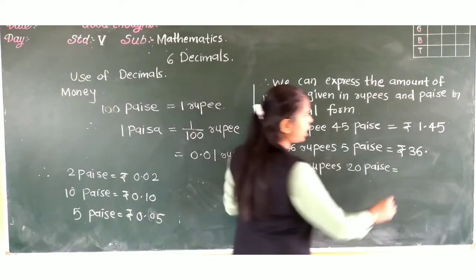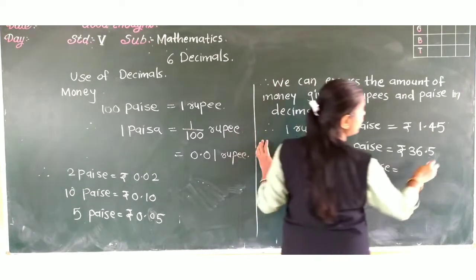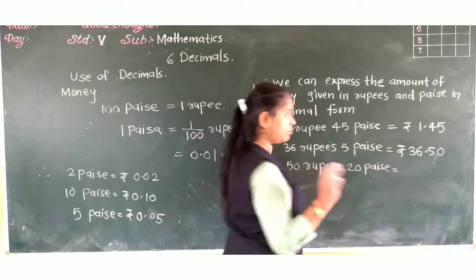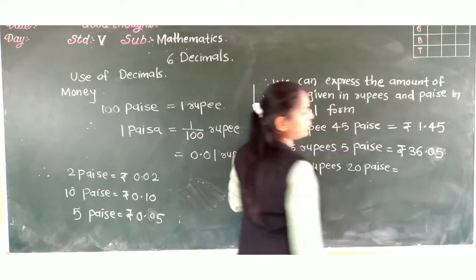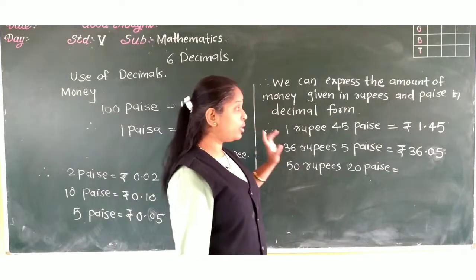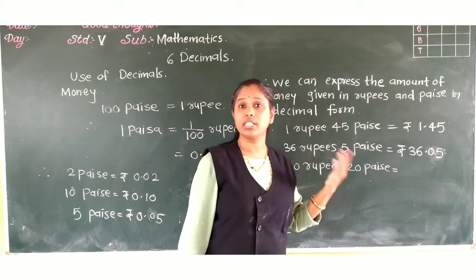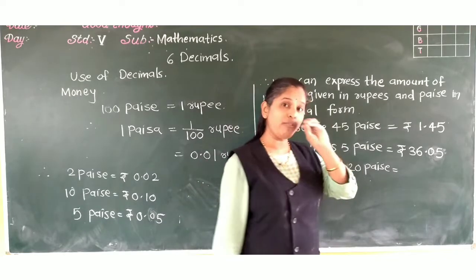So directly you can't write 5 after the decimal, because see here I can put 1 0, I can increase, no? So 5 paise means 0.05. Don't write 36.5. 36.5 means 36 rupees and 50 paise. But here we want 5 paise.